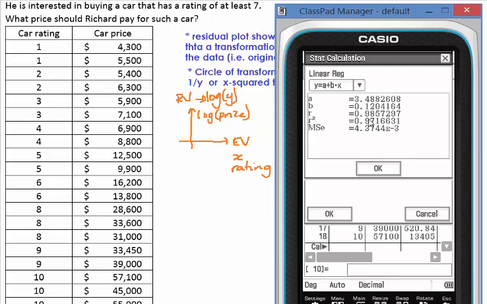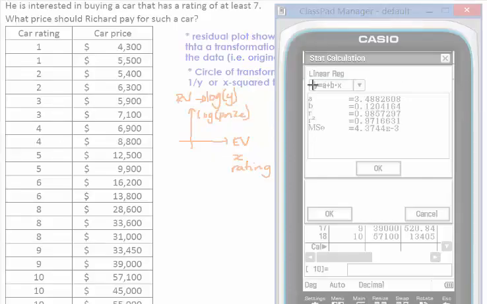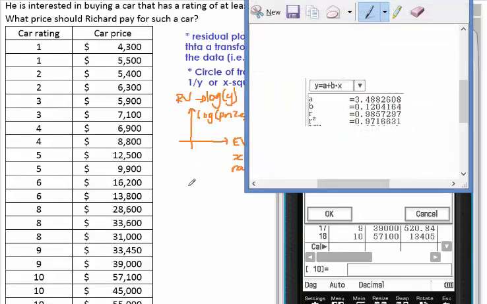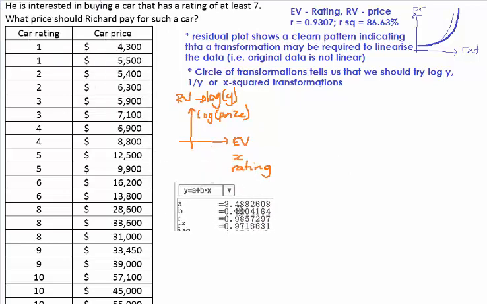So my r value is 0.9857. So that's an extremely strong positive relationship, and my r squared value is 0.971. That'll be a 7 when I round it off, or 97.17%. That's really high. So what I'm going to do is copy this down and make note of that and keep that here.